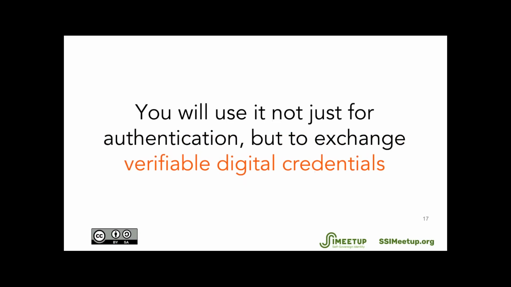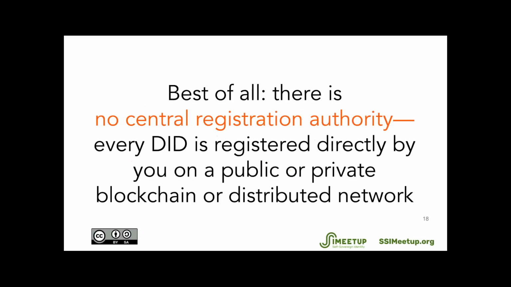And over those channels, we can now prove higher levels of trust using verifiable digital credentials, another one of the key standards that we'll touch on just at the end of this webinar. And then the best part about all this, there is no central registration authority. You register DIDs directly on either a public or private blockchain or distributed network, whatever, but there's no intermediary. This is why they're truly self-sovereign. You own and control them.